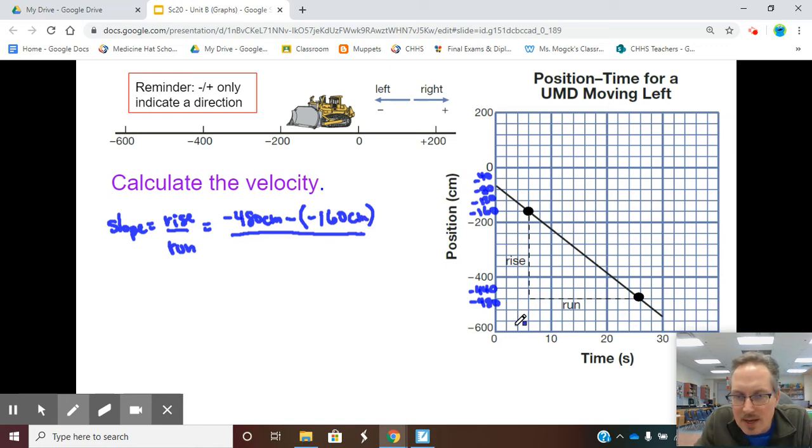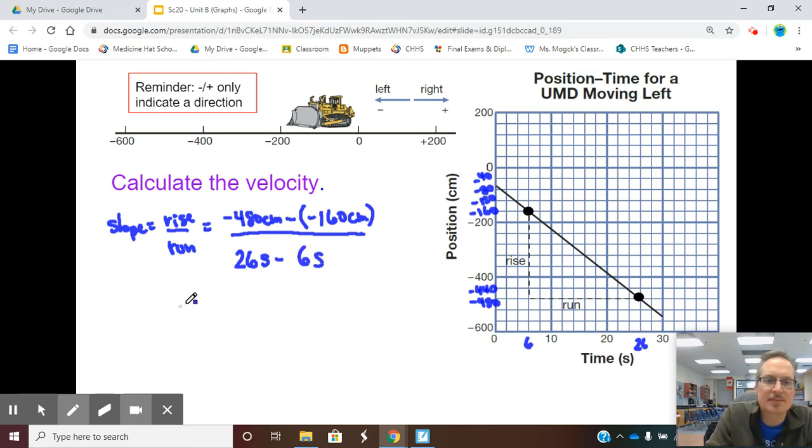divided by my run. If that's 10, 2, 4, 6, yep, we're going by twos. So this is a 6, and this is 20, 22, 24, and this is also 26. So we are going from 26 seconds, subtract, and we're coming down. This is 6 seconds. So negative 480 minus a negative 160 is negative 320 centimeters divided by 20 seconds.